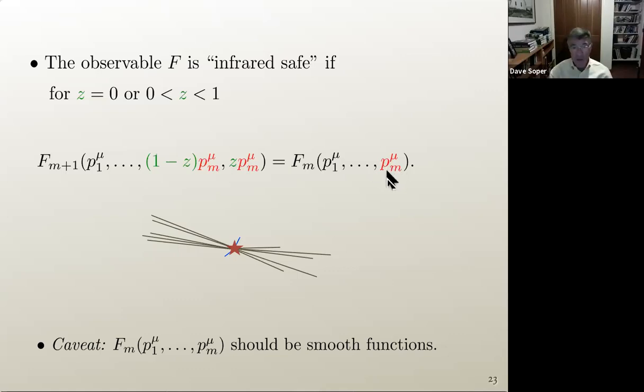And if Pm and Pm+1 are approaching that limit, I want a smooth limit so that the left-hand side of this equation is a good approximation to the limiting form. That means that those F's should be smooth functions. If they're not smooth functions, if they have delta functions or theta functions in them, then you should worry a little bit and check whether the non-smooth functions mess up the infrared safety.